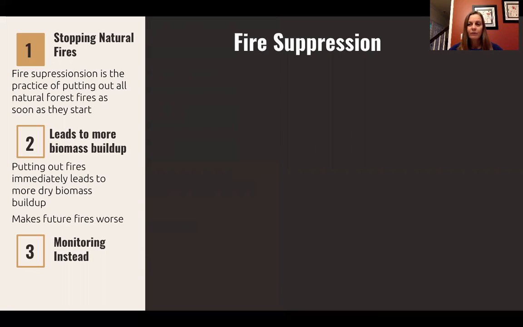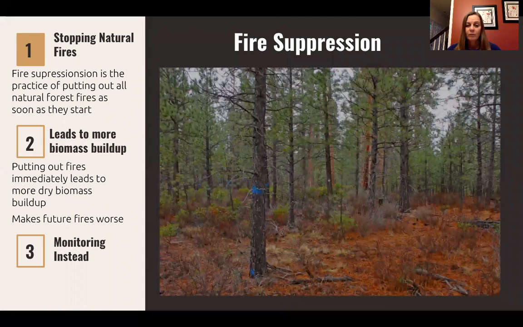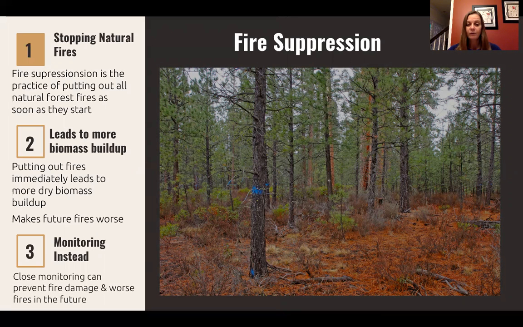The trees don't survive, the rootstock does not survive, none of the animals that lived in the area survive. So the modern approach to fire suppression is to monitor and to do what are called prescribed burns, in which small areas are burned in a contained situation to prevent worse fires in the future, to prevent that biomass buildup.